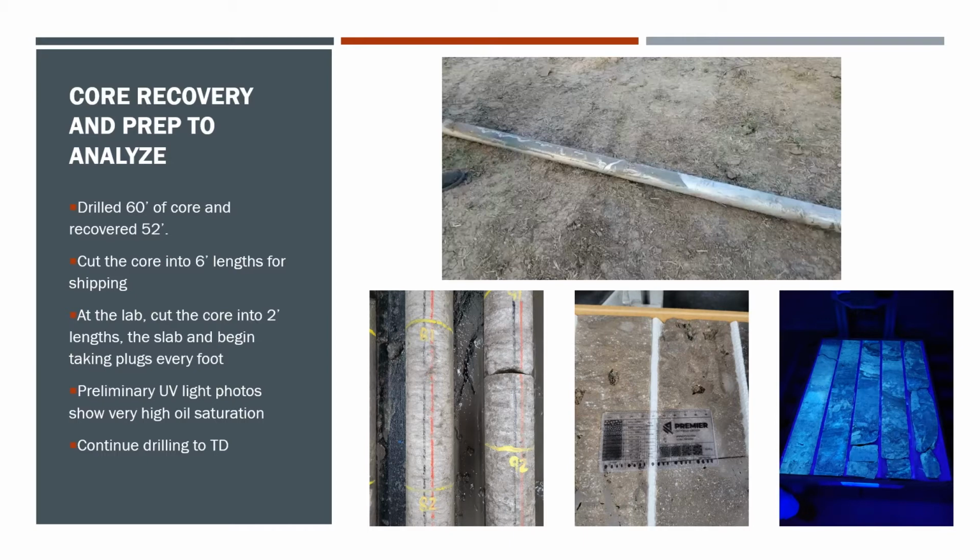And after we cut it in two, we take plugs every foot from the core itself for further testing. And we take those slabs and we shine an ultraviolet light on them and show that the reservoir is in fact saturated with oil. Water does not fluoresce. Oil fluoresces under ultraviolet light.